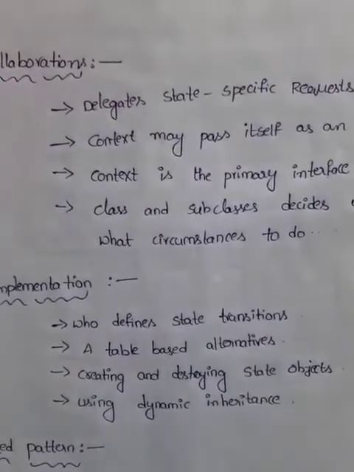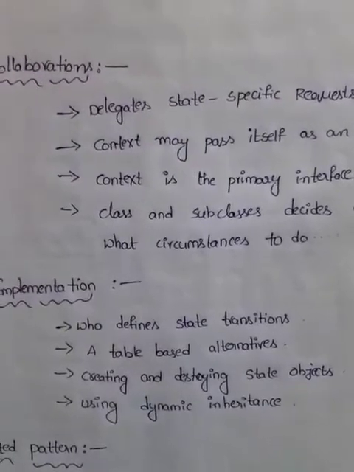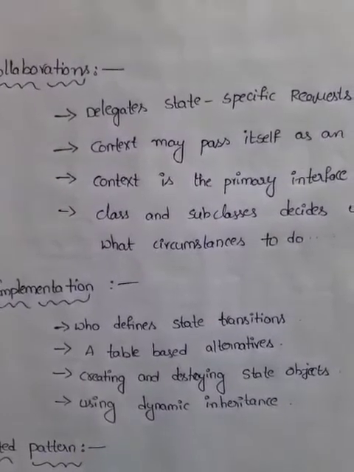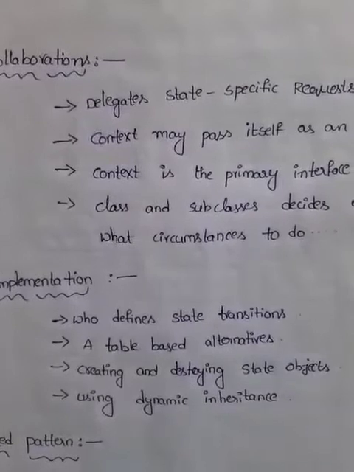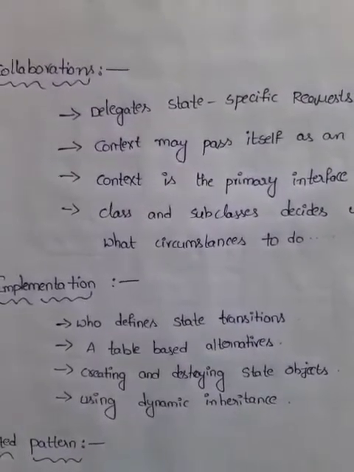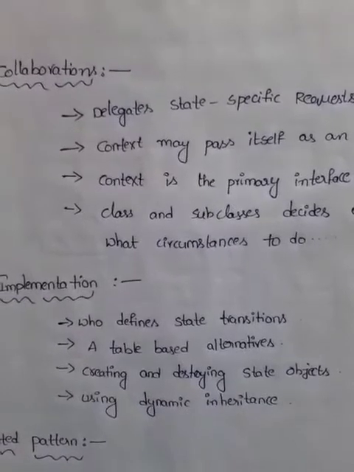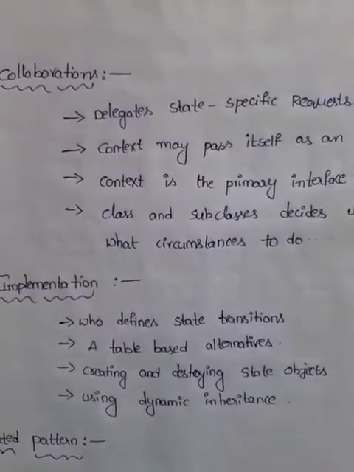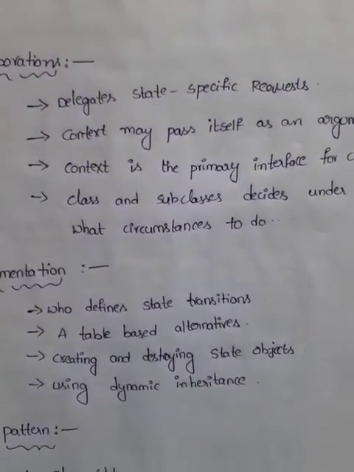Also, it is usually difficult to add actions to accompany the state transitions. The table driven approach captures the states and their transitions, but it must be augmented to perform arbitrary computations on each transition. So, these are some of the disadvantages along with the advantage of this table based alternative.